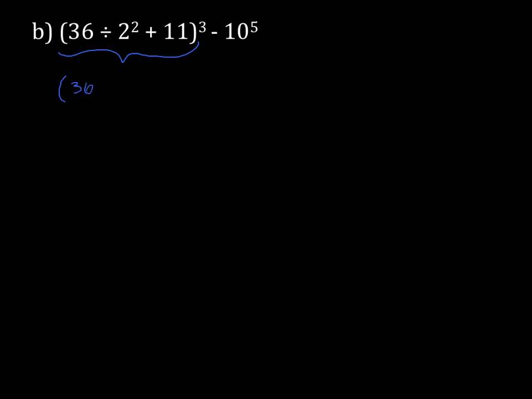I have 36 divided by 2 squared, which is 4, plus 11. I'm just going to add brackets to keep my work organized. And it's all going to be cubed, minus 10 to the 5th.